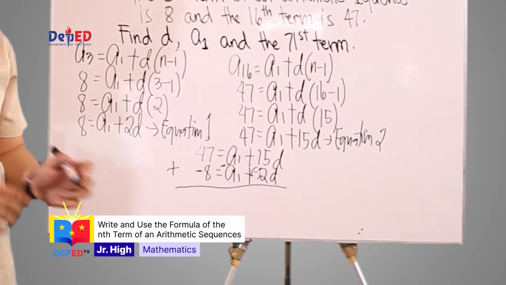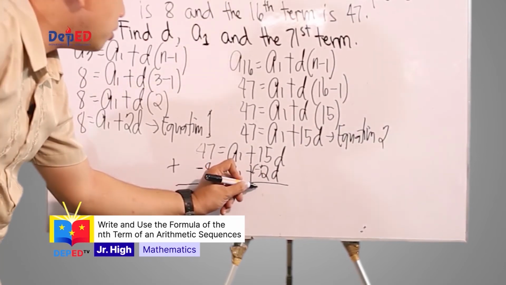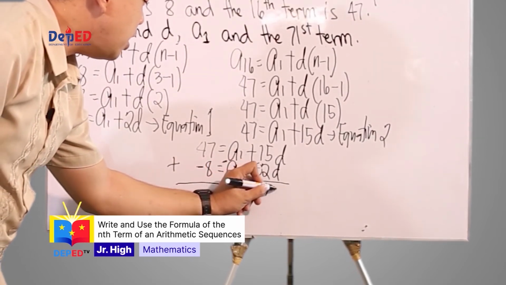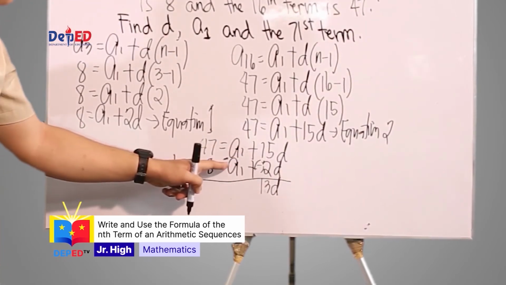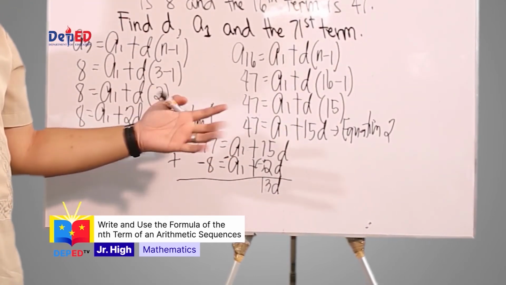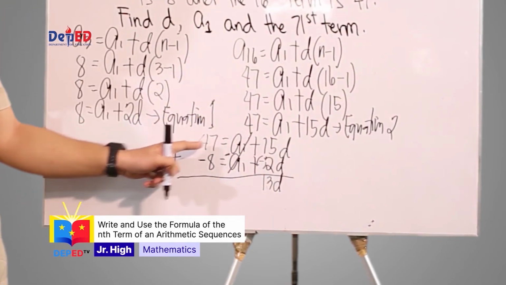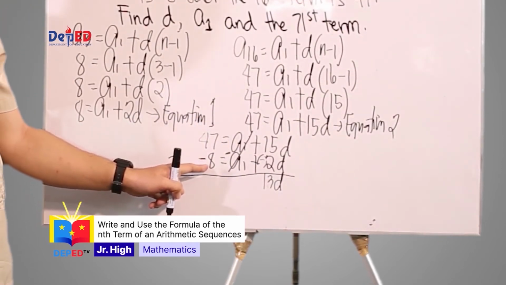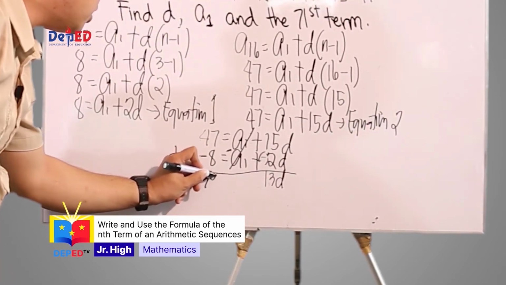Next, simplify. We have 15 plus negative 2 will give us 13d. A sub 1 plus negative a sub 1 will give us 0, so this will be cancelled. And 47 plus negative 8 will give us positive 39.